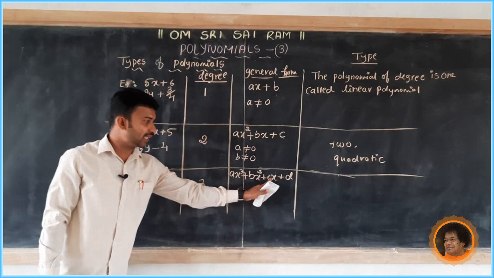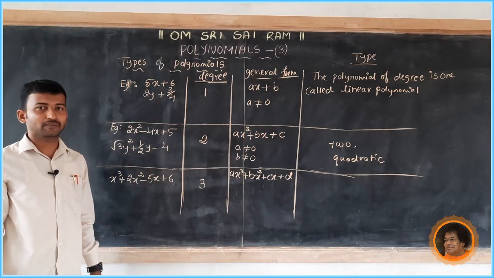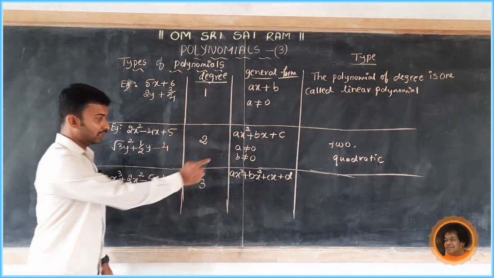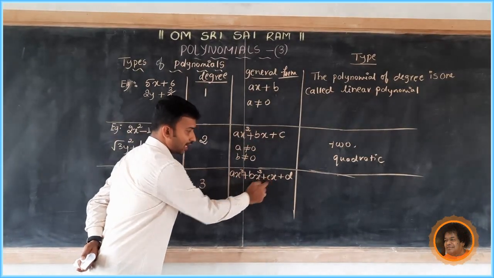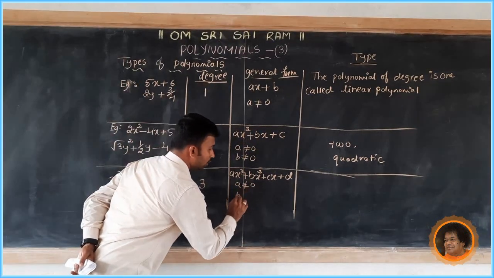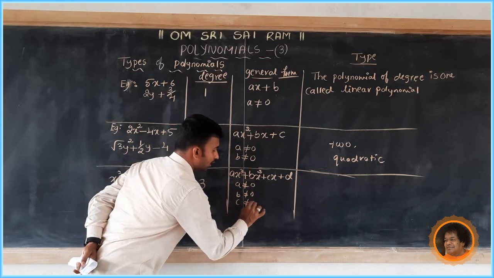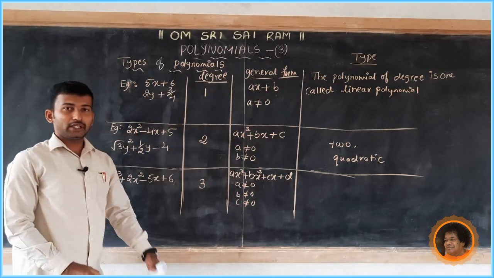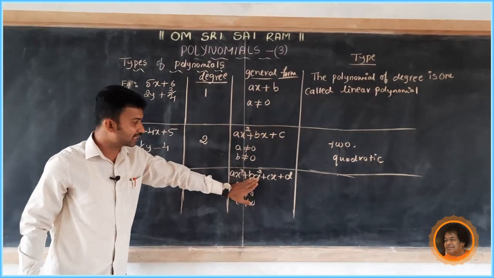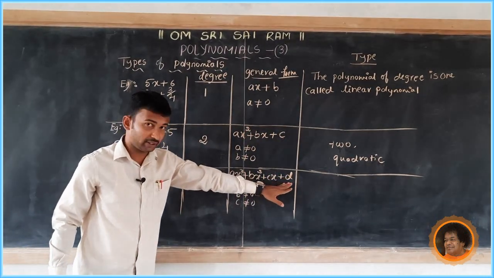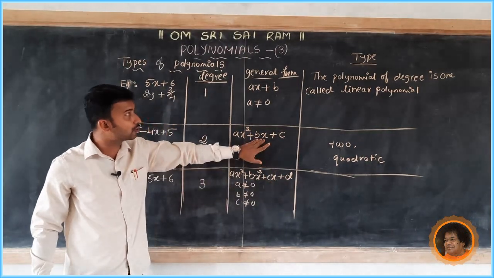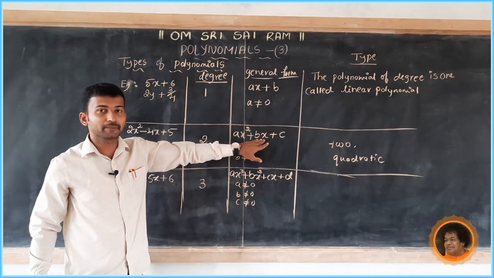a, b, c, d are the constants and the condition is a, b, c are not equal to 0. If a is equal to 0 in this polynomial, we get bx square plus cx plus d, the general form of quadratic polynomial.